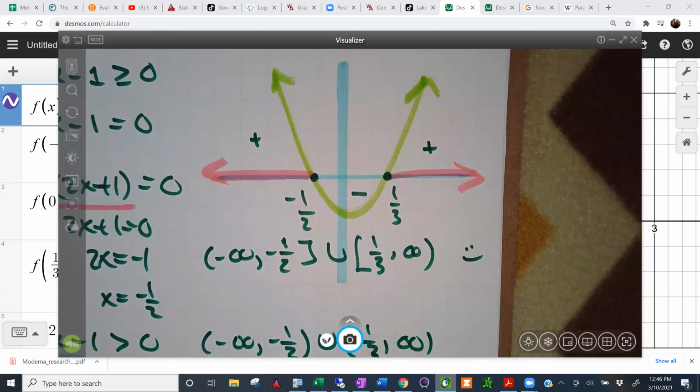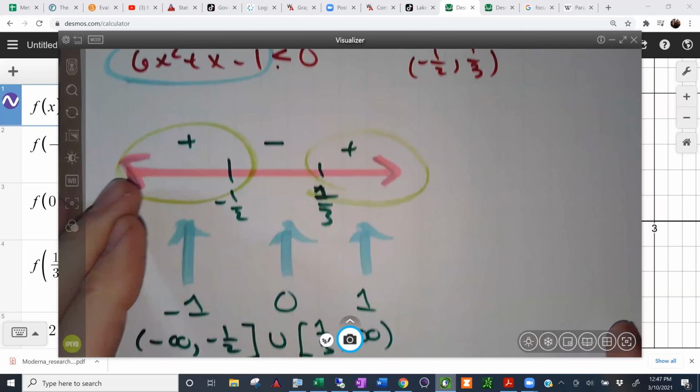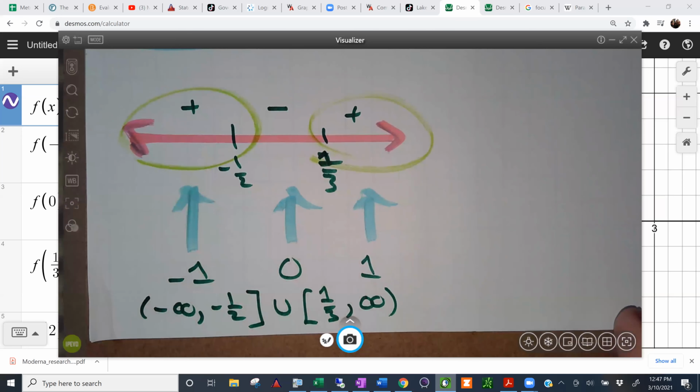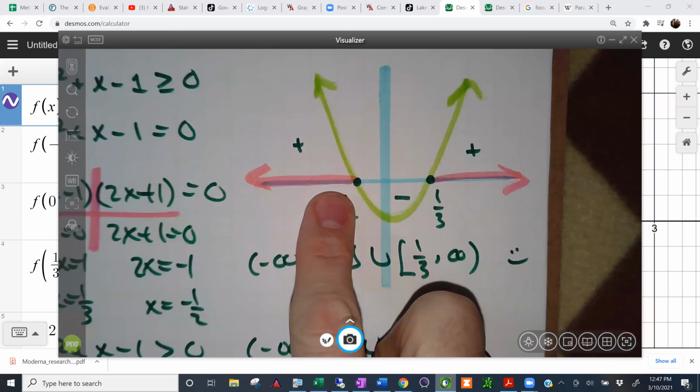And then when you went on to go through the process of the test points on the number line, that's the same thing as this graph depiction. This is on the number line. You're showing us with the test points, right? That's a nice summary of exactly what we did, and I really appreciate that. So these two things are showing you the same thing.